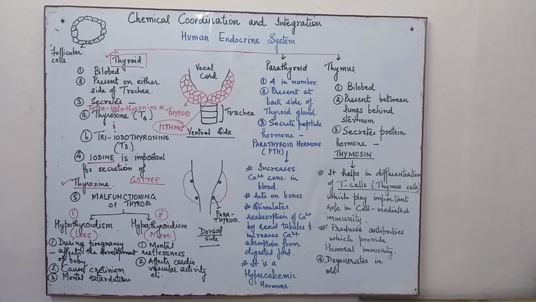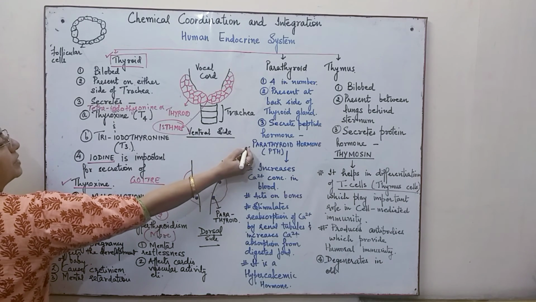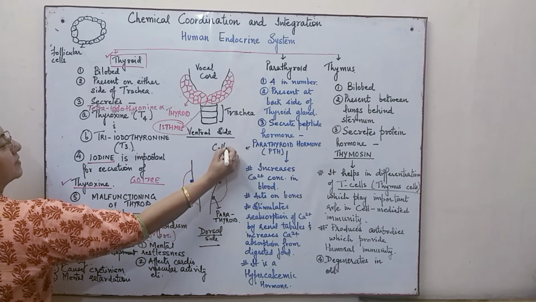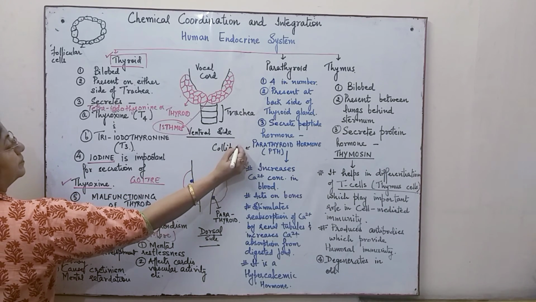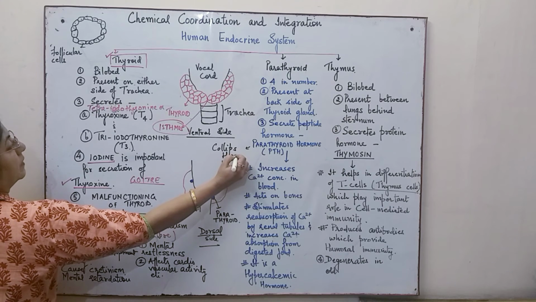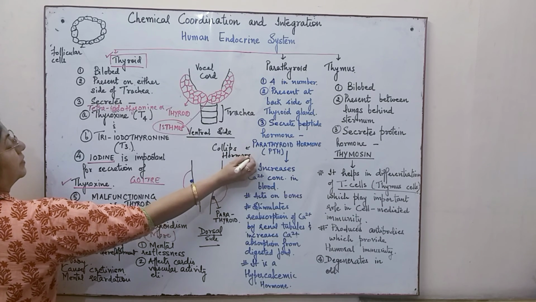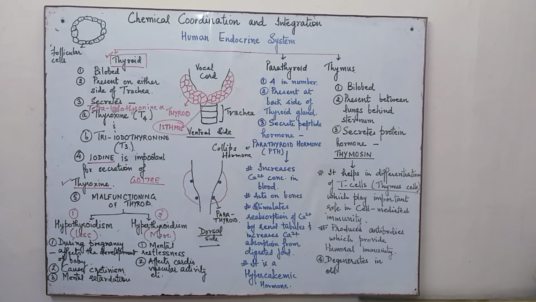This is also called the Collip hormone, since it was discovered by James Collip. So it is also known as Collip's hormone.